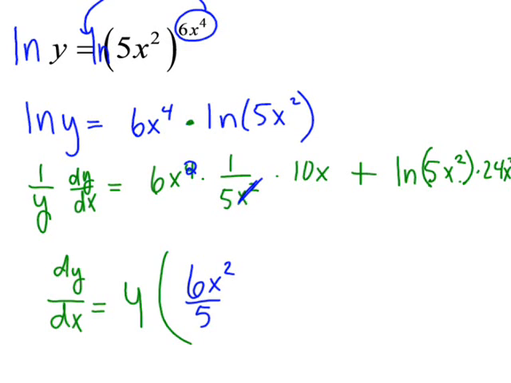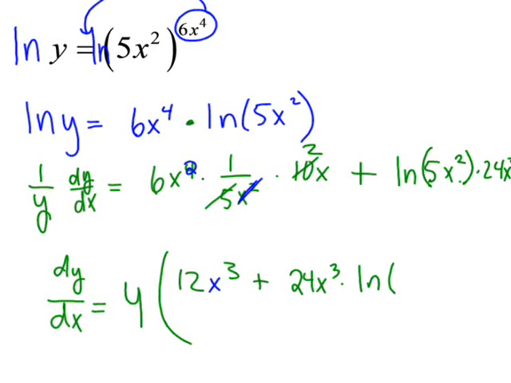And then I have the 10x. So I'm going to reduce the 5 as well, and the 5 is going to go in here twice. I'm going to put the x's together, so I have x squared and x, which is x cubed. I have 6 times 2, which is 12. So that part just becomes 12x cubed. And then over here, not much simplifying can be done, so we write 24x cubed ln of 5x squared.